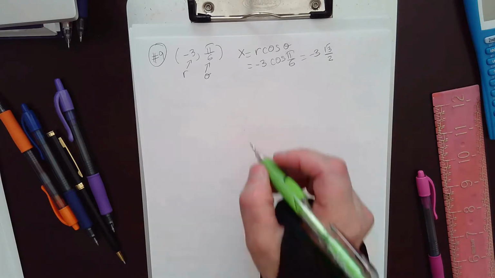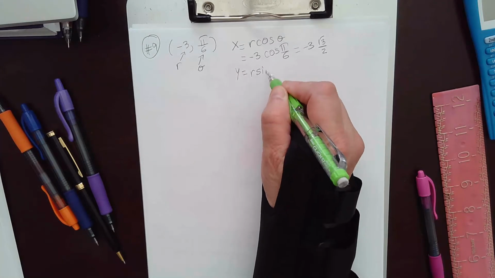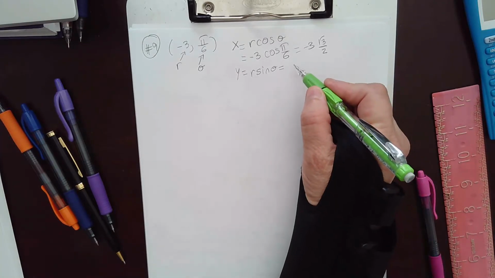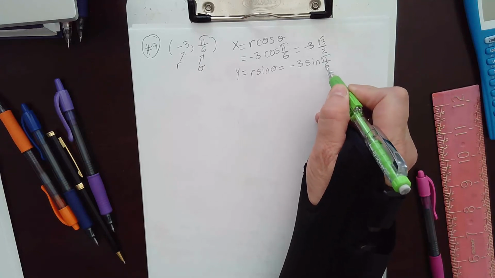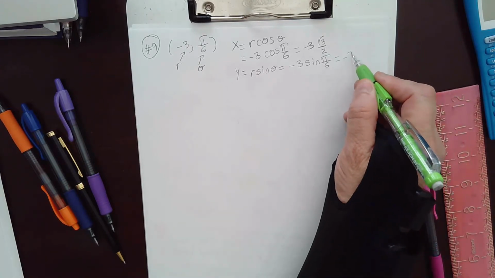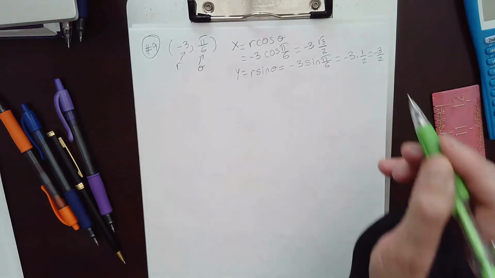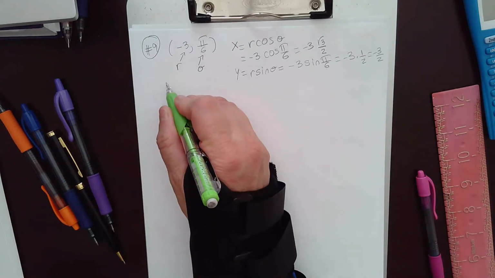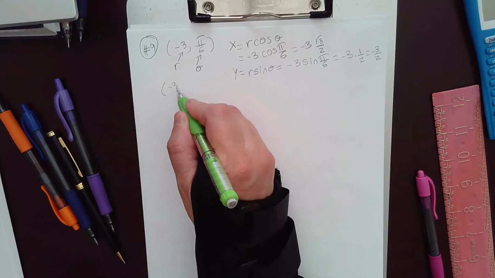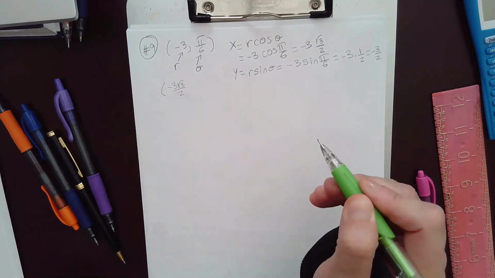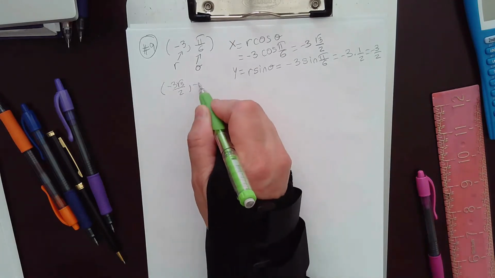Now let's find the y coordinate. It's r sine theta. So what does that give us? R is -3, sine pi over 6. So -3 times sine pi over 6, which is 1/2. So this is -3 over 2. So in Cartesian coordinates, x is -3 root 3 over 2, and y is -3 over 2.